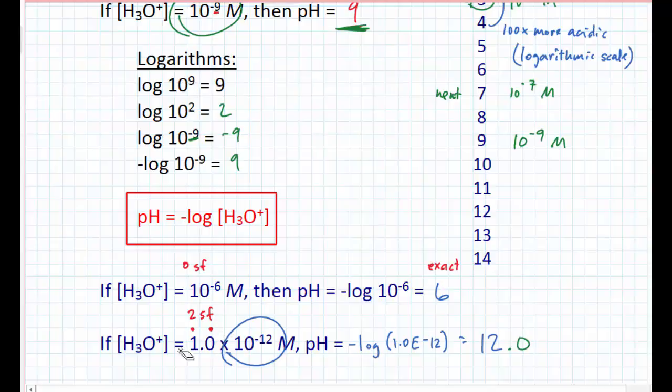Yeah, if it was just 1 times 10 to the negative 12, we'd call that 12.0. With 1.0, we've added 2 sig figs here. We need to add 2 digits over here. What do we call them when we're specifically counting how many digits are after the decimal point? What would we call those? Trailing zeros? When we're counting the number of digits to the right of the decimal point, we call those decimal places.